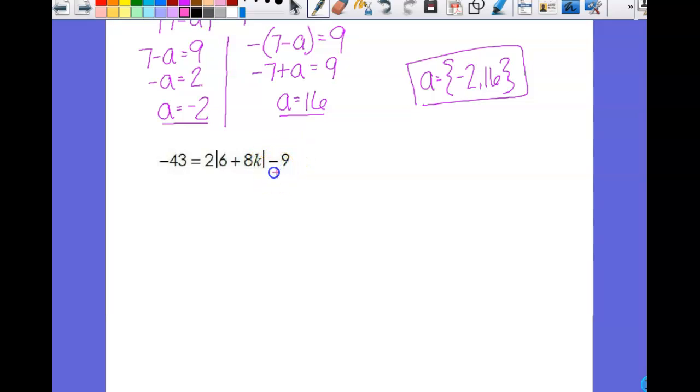So I'm going to add 9 to both sides. Right? So when I add 9 to a -43, that's going to give me a -34. Is that right? Yeah. So then I'm left with that equals 2 times the absolute value is 6 plus 8k.